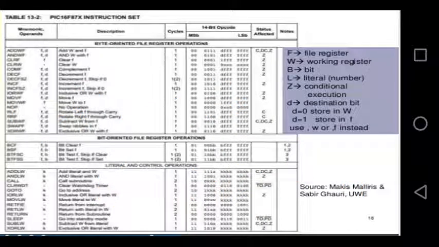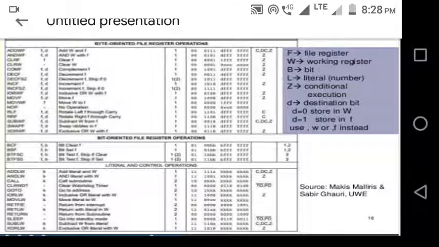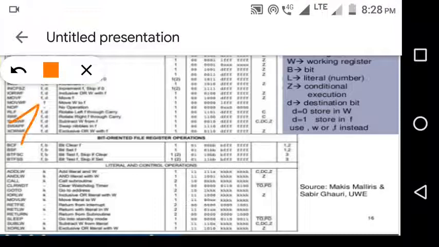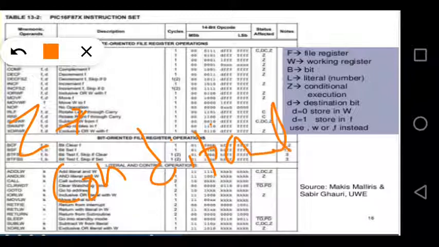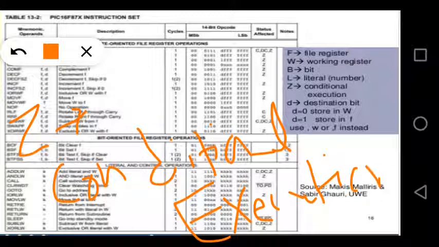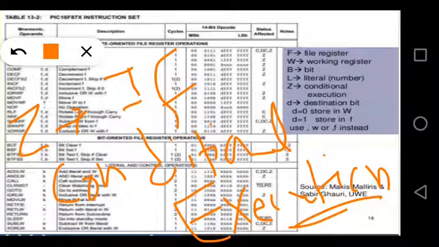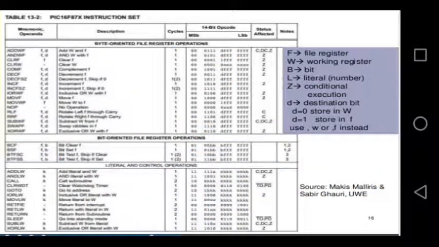Next Z. Z stands for conditional execution, like if, go to, if else, like that.